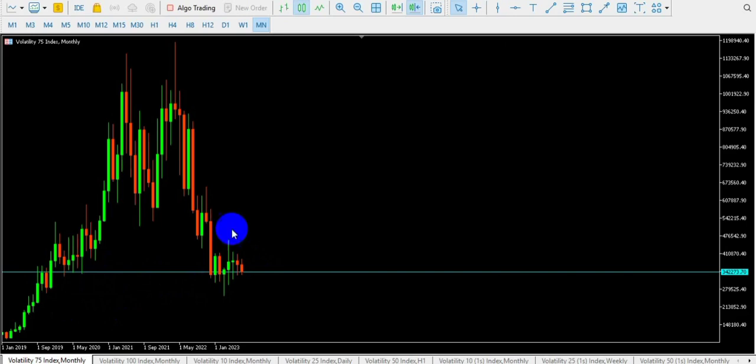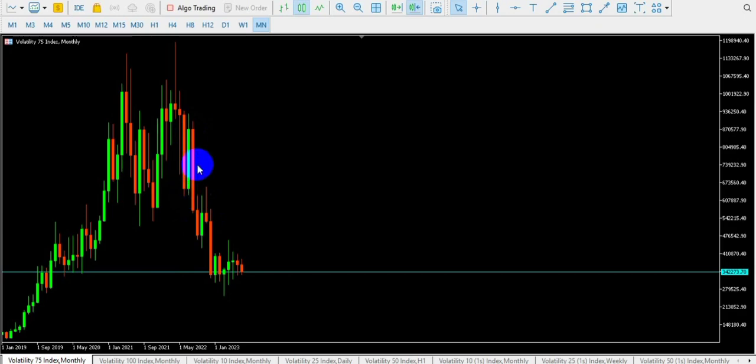So now, where is the draw on liquidity on the monthly time frame, based on what I see? First let me just narrate. Number one, we have a bearish monthly order block. It was validated and tested at the low.